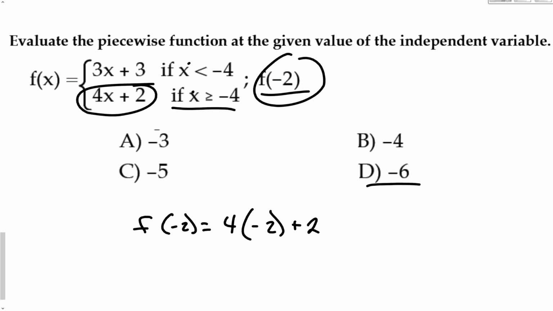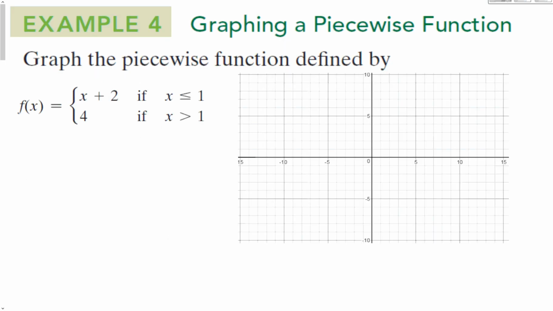Now, let's graph some piecewise functions. If you graph these correctly, you should have something that flows from this domain, and then the function switches to this one. If you do this wrong, first of all, we know that this is a line.